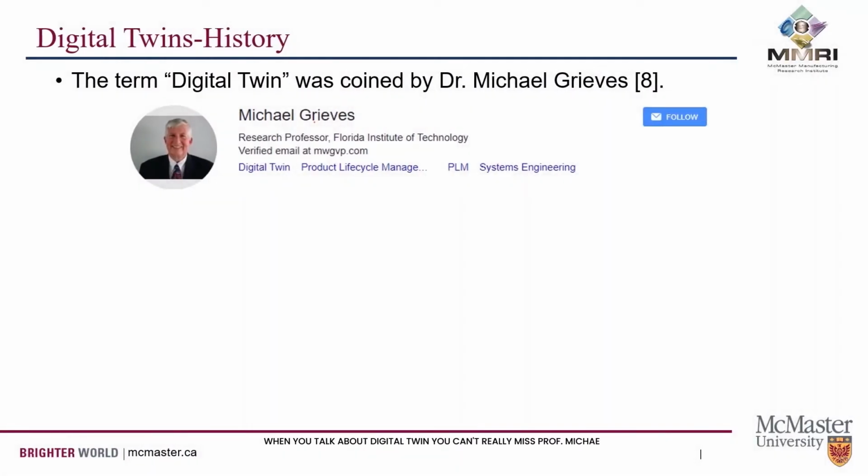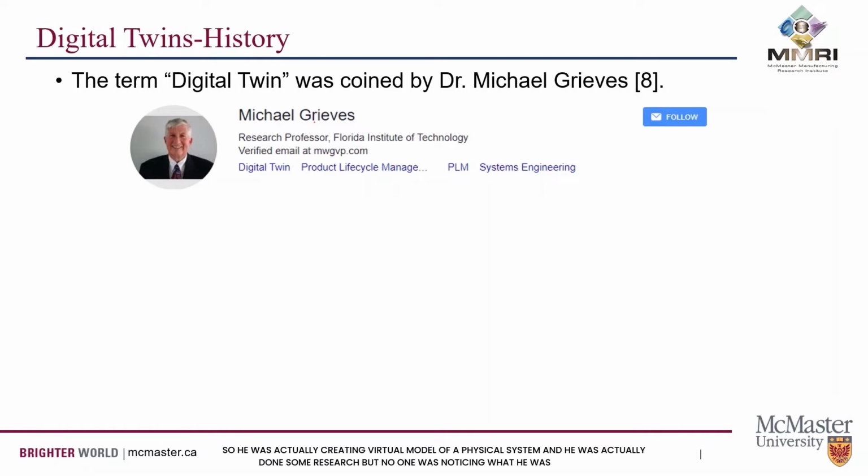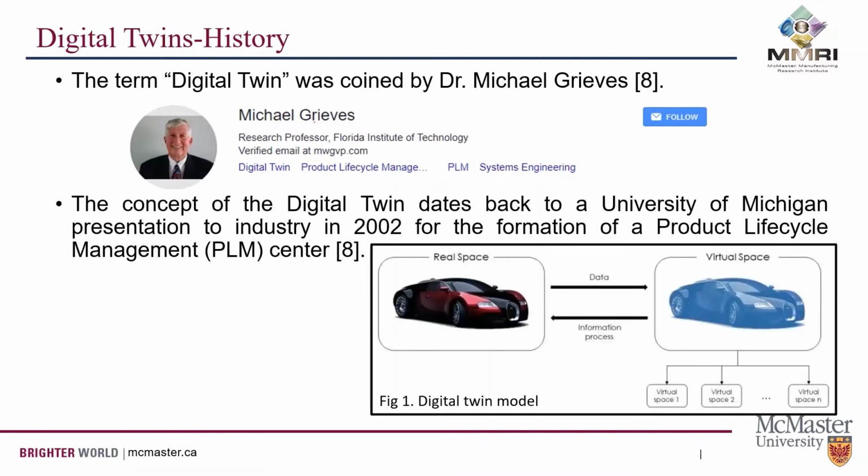When you talk about digital twin, you can't really miss Professor Michael Grieves, a professor in Florida, who coined the term information mirroring. He was creating a virtual model of a physical system and had done some research, but no one was noticing what he was doing until NASA took the model and defined it as a digital twin.